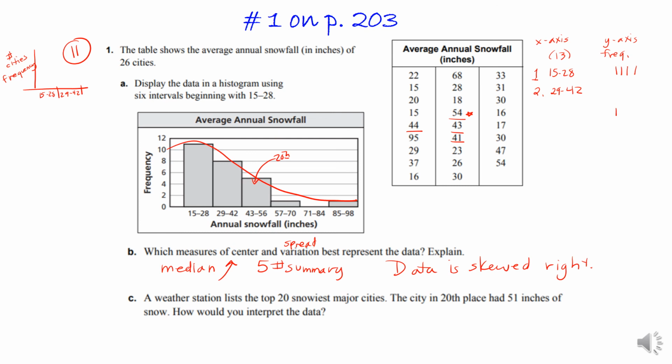And 47 is in that bin. And 54 is in that bin. So of the cities in that bin, only 2 of them are going to be on this list, and then there's one here and one here. So how I would interpret that is that not many, or very few, of the cities that I looked at would be in that list of 20 snowiest major cities. And that's what they put: most cities were not on the snowiest list.